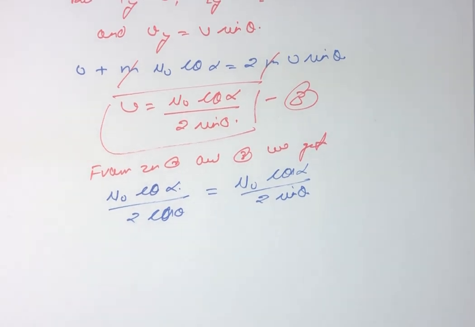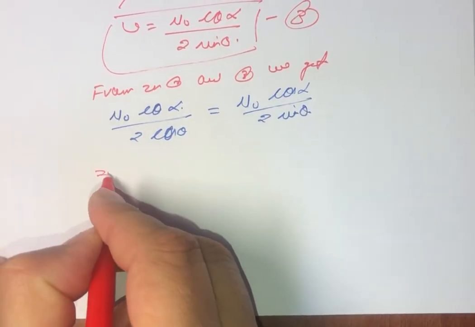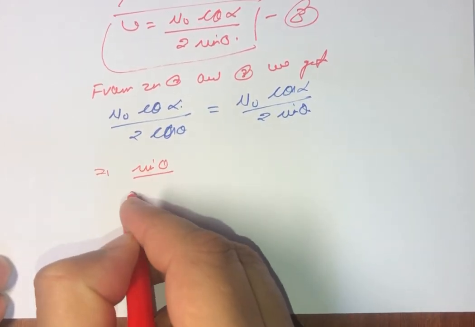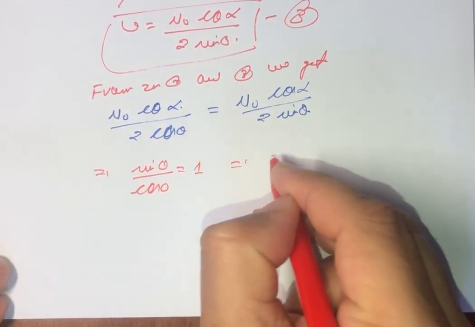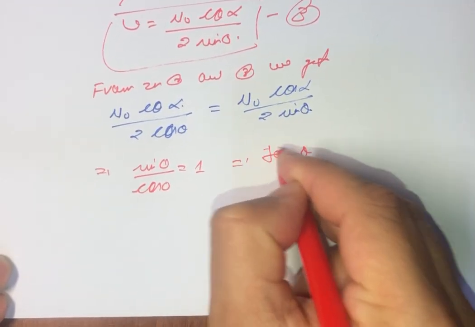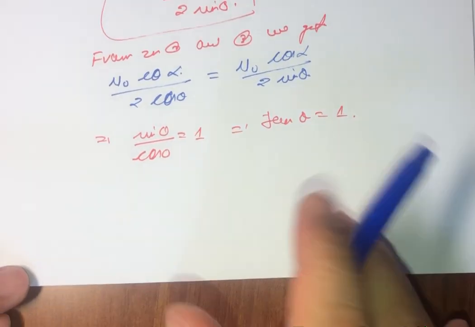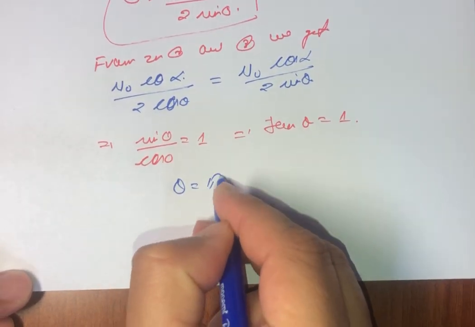And from here we can say that sine theta by cos theta is equal to 1, or we can say tangent of theta is equal to 1. Therefore, we get theta is equal to pi by 4.